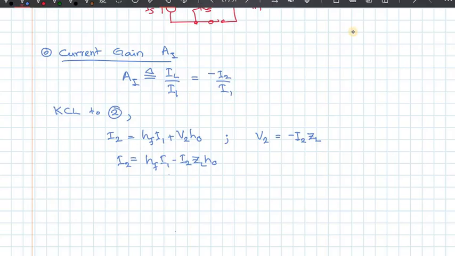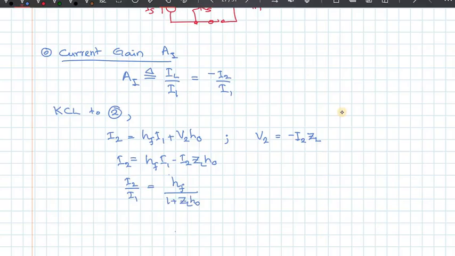So I can write an expression for I2 divided by I1. I2 you have here, and then you have I2 here also. If I take this I2 to the other side, I get I2 times 1 plus ZL times HO. On the right hand side I have HF I1, so I end up with the expression for AI as minus HF over 1 plus ZL H out.